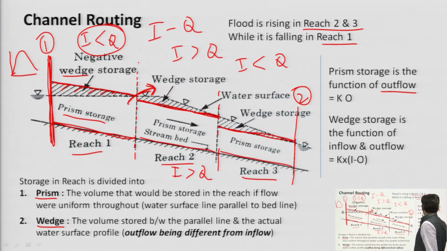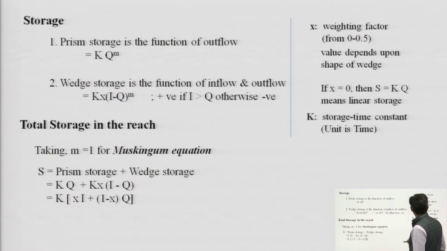So, if I write prism storage as K times O, then I write wedge storage as Kx times I minus O. Here K and x are constants. Actually, x is the weighting factor, which ranges from 0 to 0.5, and the value of x depends upon the shape of the wedge.